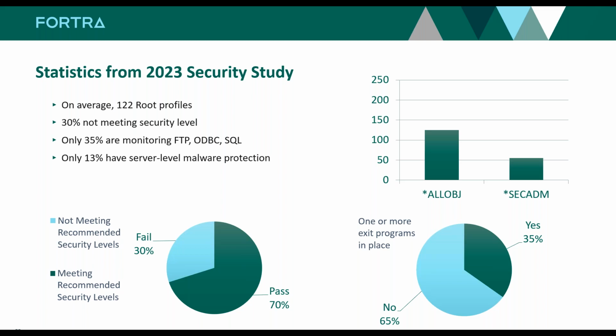Only 35% of the systems that we evaluated are actually monitoring and controlling access to those PC interfaces, FTP, ODBC, file server, and only 13% are doing server-level malware protection. So there's definitely room for improvement, as I mentioned. This is really where we want to start ensuring that the server itself is protected.